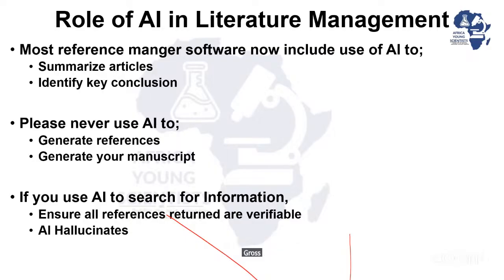Another challenge that has been going on is that some papers are being retracted now because a significant portion of the manuscript was generated by AI. Most of the time, AI will hallucinate.